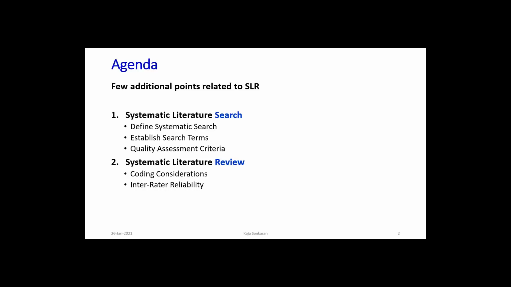What would be the different criteria to assess the quality terms? Like we looked into the systematic approach to identify the topics for the SLR or meta-analysis, how do we ensure that there are certain rigor criteria built in when we are searching and identifying the research papers? How do we qualify them to be of good quality?